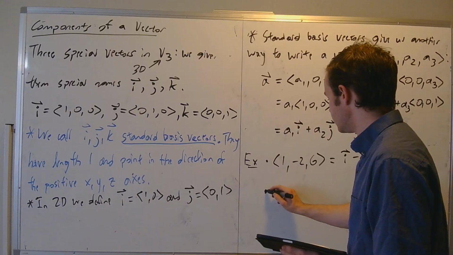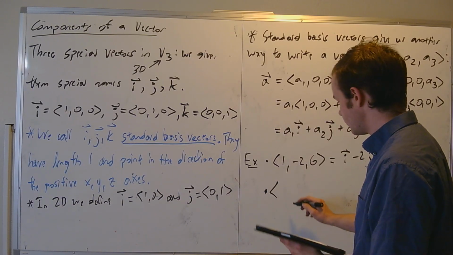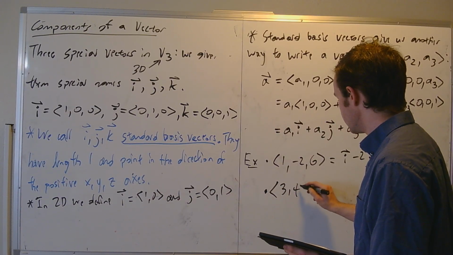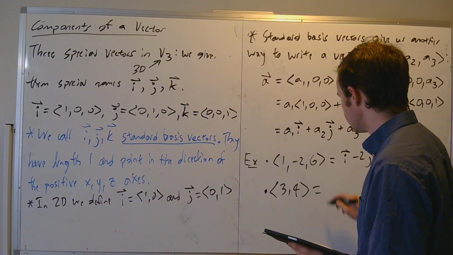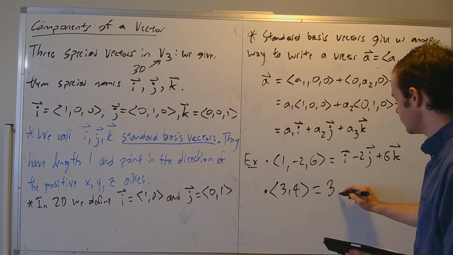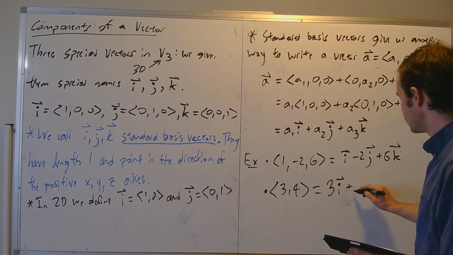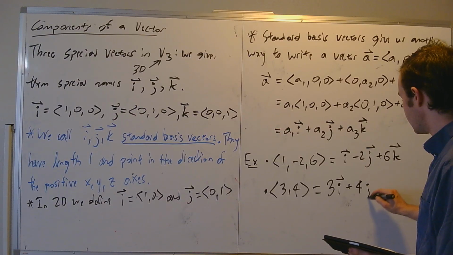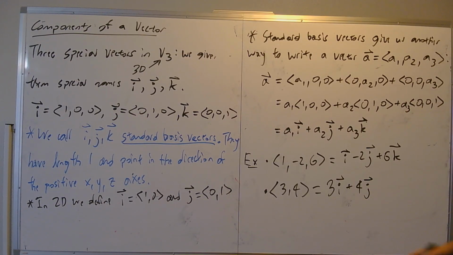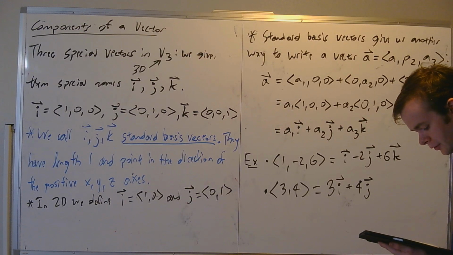And let's do one more example here. If we have the vector 3, 4, so this is in 2 dimensions, we can rewrite this as 3 times i plus 4 times j. Okay. Now, let's move on to example number 5.